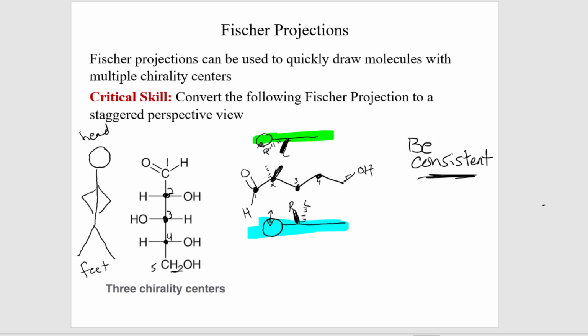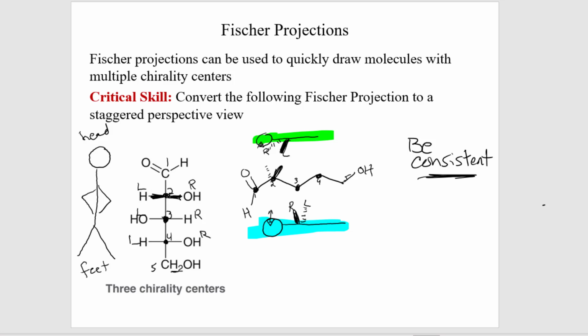Okay, so what we're going to do is say carbon-2 on our Fisher projection has two arms coming out at us. And when I look at this, notice that the OH on carbon-2 is on the right. The hydrogen is on the left. For carbon-3, the OH is on the left and the hydrogen's on the right. So this is the right side of the molecule, and this is the left side of the molecule.